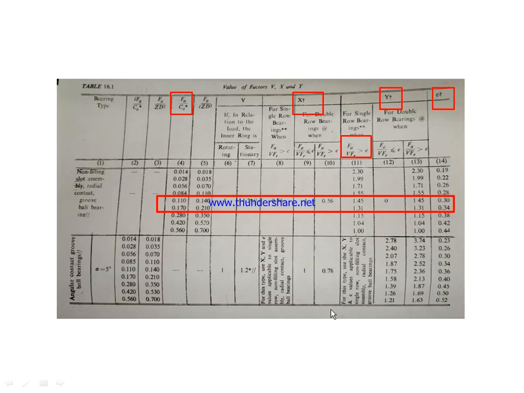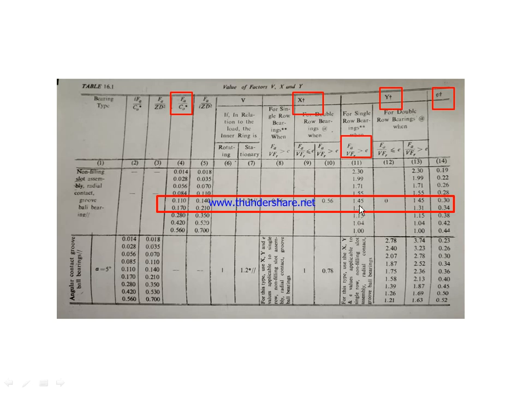So which table? So already we have chosen here. So for the value FA by C naught of 0.1457 and FA by FR greater than E, you will get the value of X 0.56, and similarly when FA by FR is greater than E, the value of Y again we have to get by interpolation.